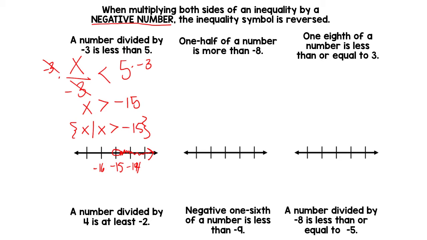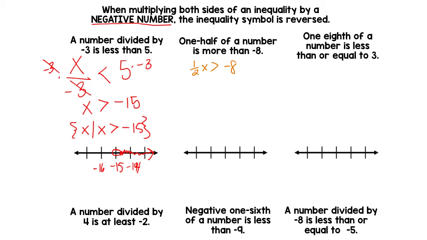Okay, next one, 1/2 of a number. So 1/2 times x is more than -8. So if 1/2 x is more than -8, that means it's got to be greater than -8.